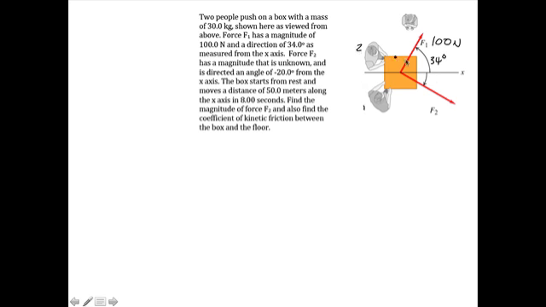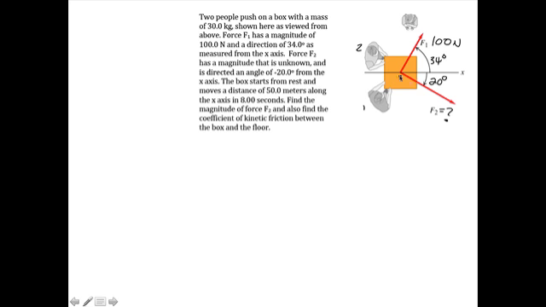This is person 2 exerting these forces. F2 has a magnitude that is unknown, but the angle is minus 20 degrees, so this angle measured in this direction is 20. You could also put in a minus 20, and I'll show you how the minus sign comes into play. But the minus sign just means that it's measured clockwise from the x-axis, and the plus sign means it's measured counterclockwise from the x-axis.